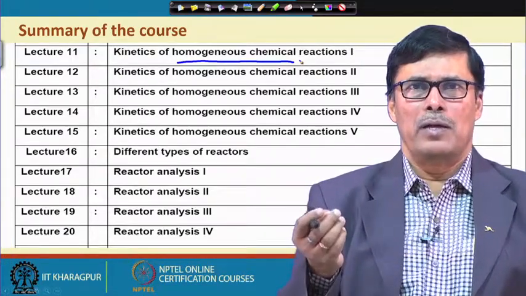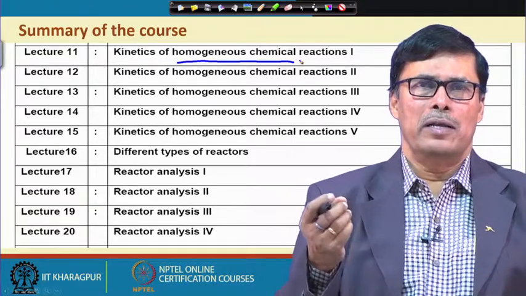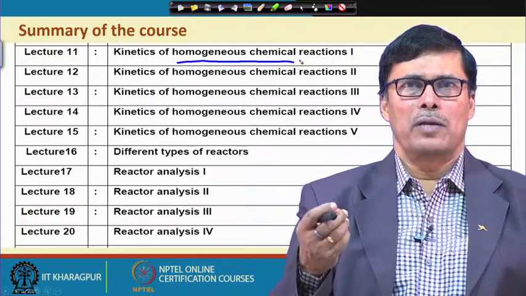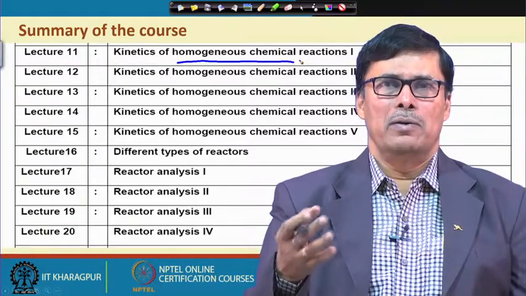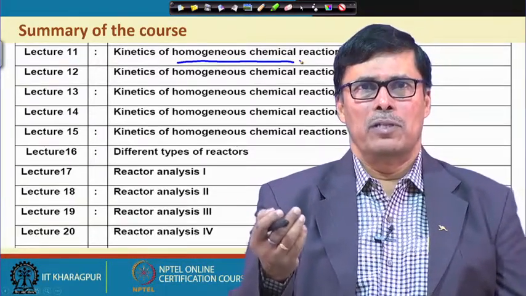This is very important. I told you that the rate constant and order of reaction are all experimental parameters. With the help of an experimental study, you can find out all these values.